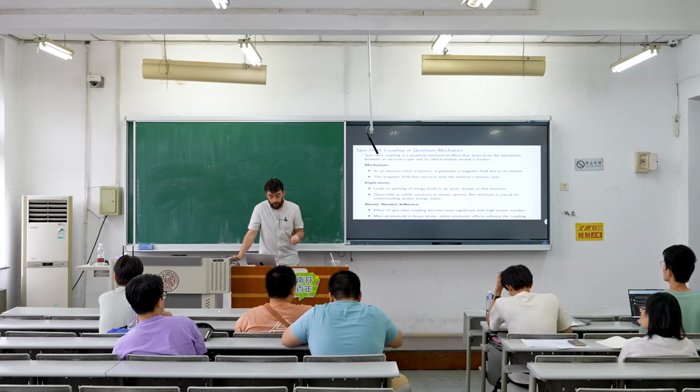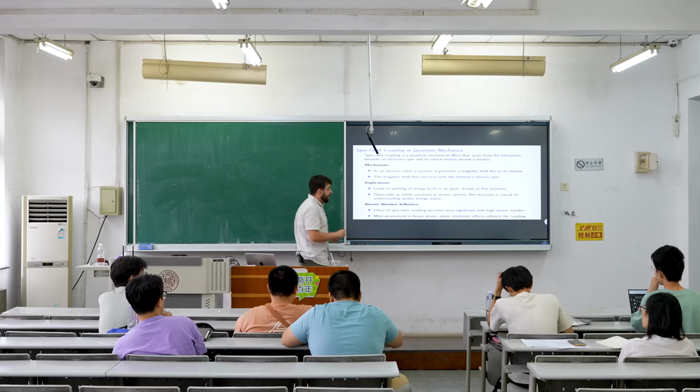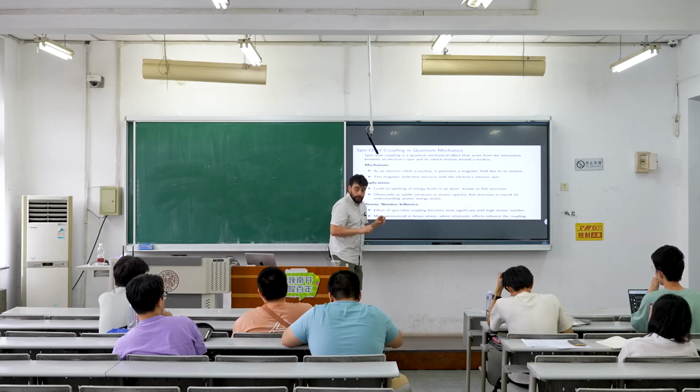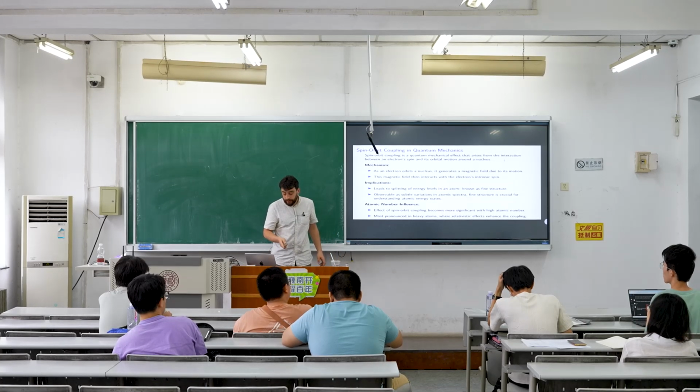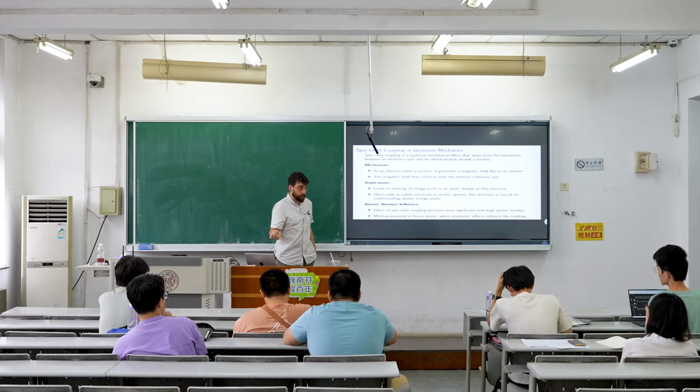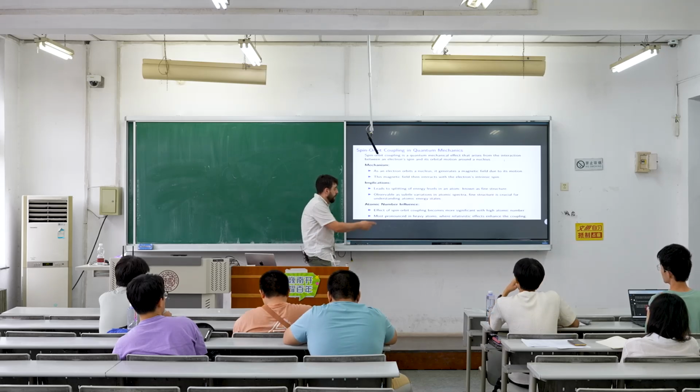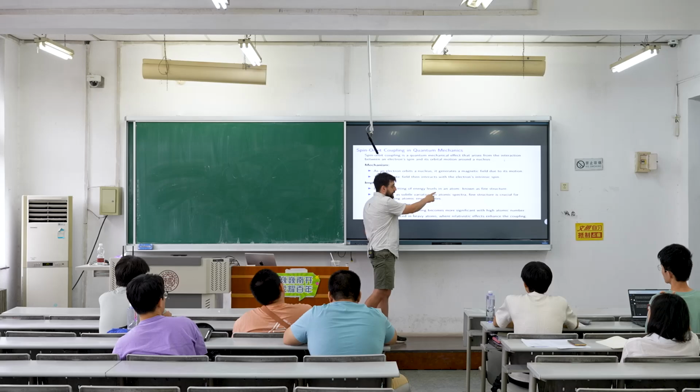So what's the mechanism? Well, as an electron orbits a nucleus, it has orbital angular momentum and it generates a magnetic field. That magnetic field interacts with the electron's intrinsic spin, and this leads to splitting of energy levels in an atom.